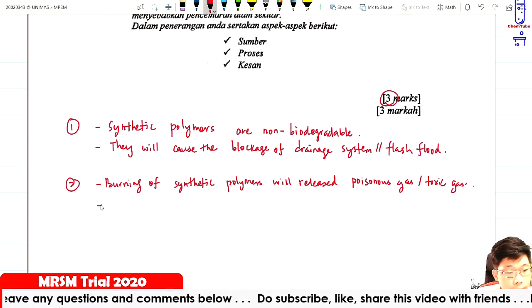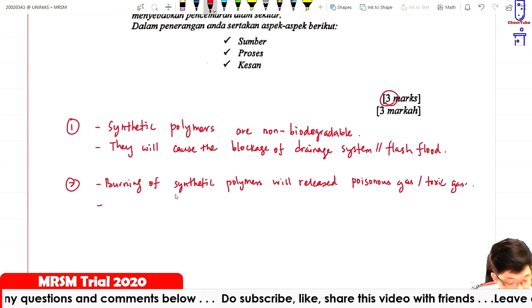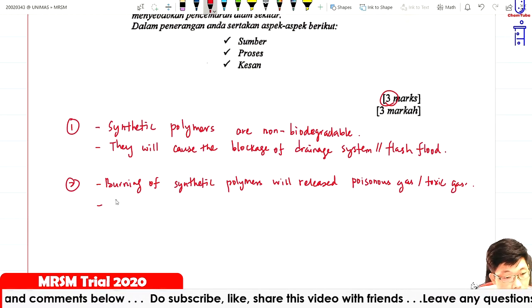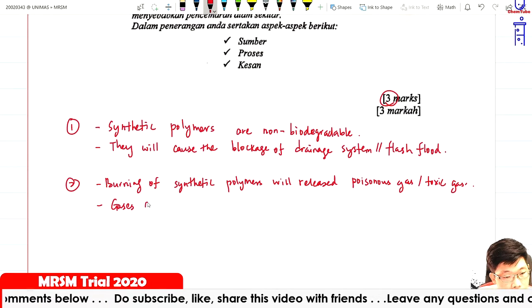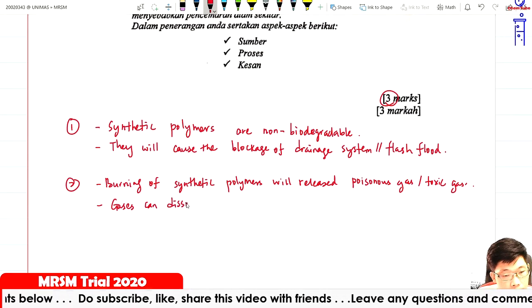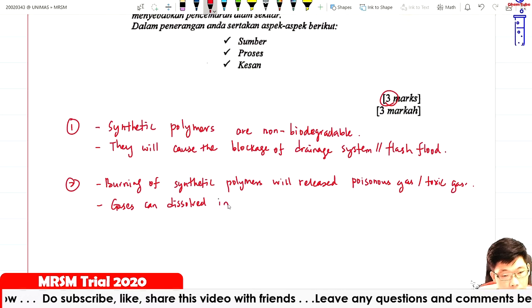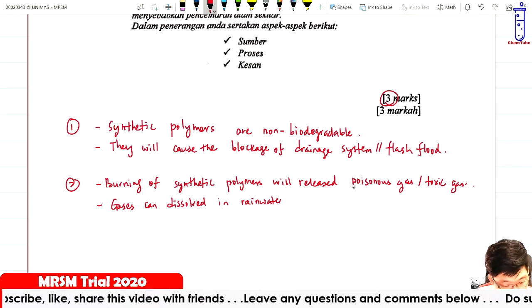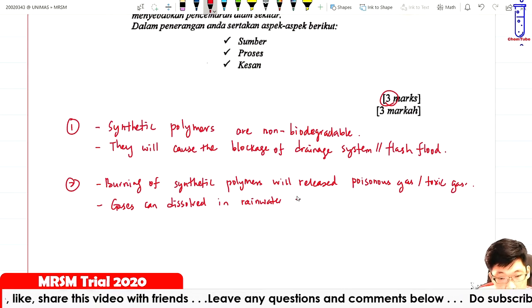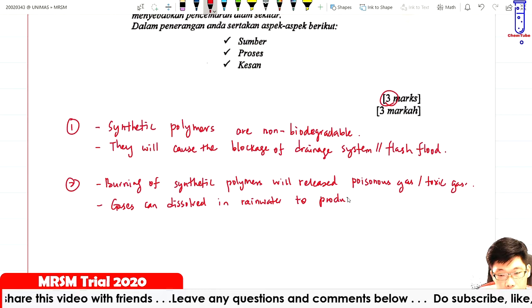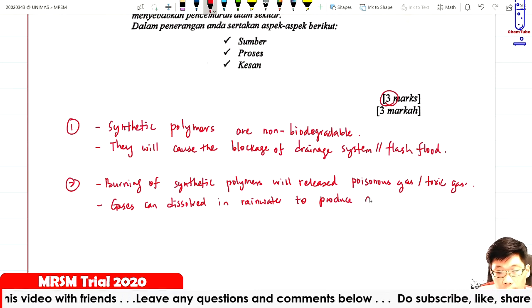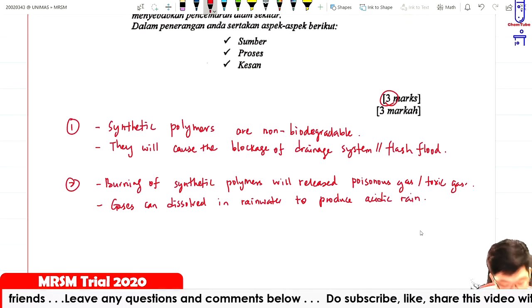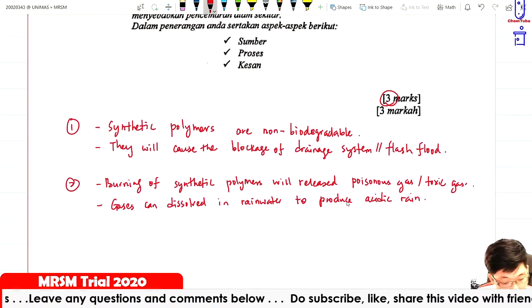Then this gas can dissolve in rainwater to produce acidic rain, acid rain.